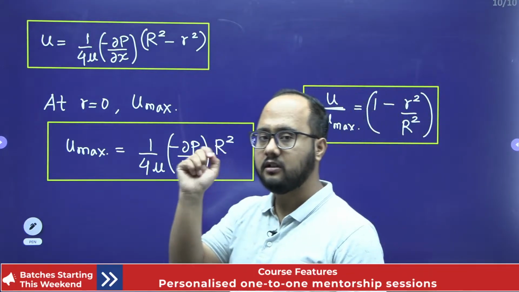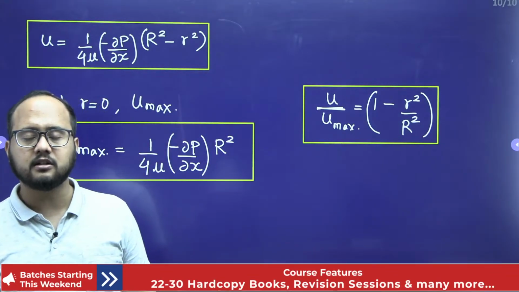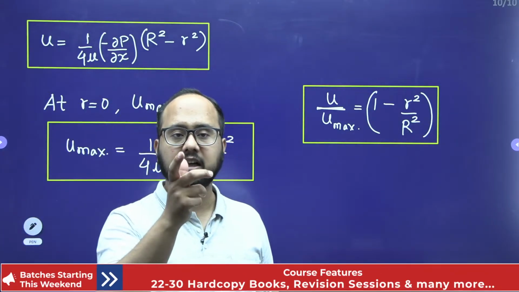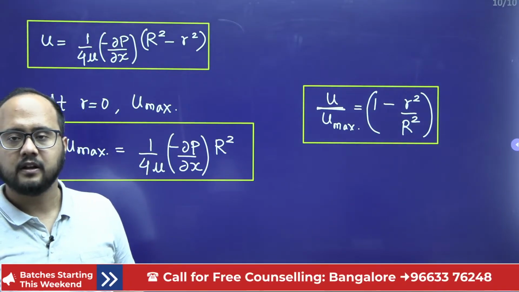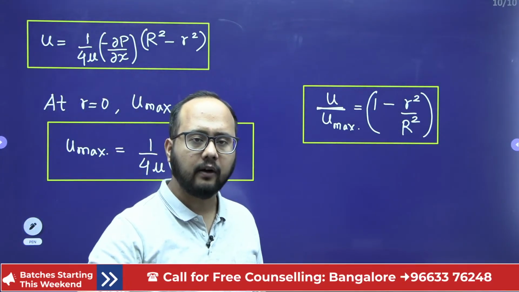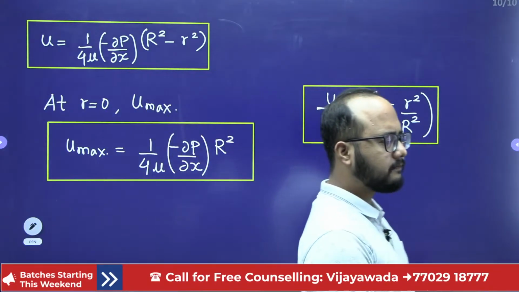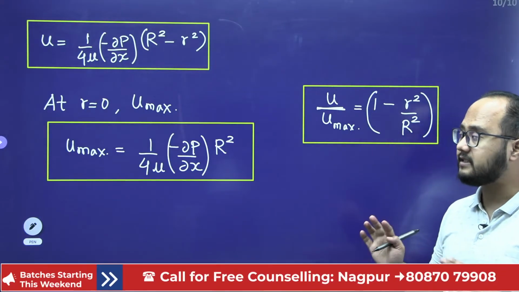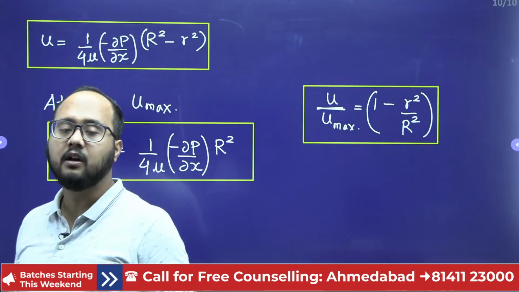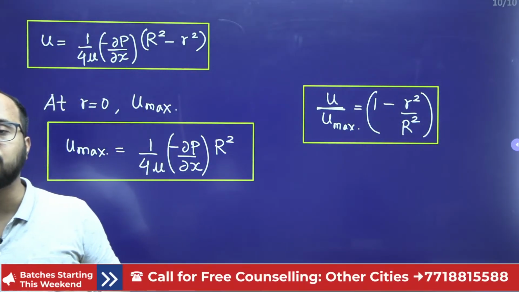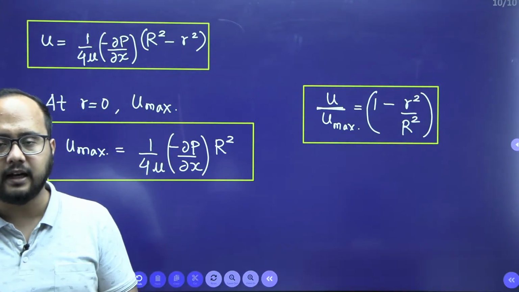First we discussed the shear stress relationship, then the velocity relationship, then the discharge relationship, then the pressure gradient and head loss formulas. Write all those relations on one paper so that you revise again and again and remember all these important formulas. Then it becomes very easy for you, right? Any numerical can come, and one of these relations will help you solve the question directly. If you don't remember the formulas or relations, it will be a problem for you, right?